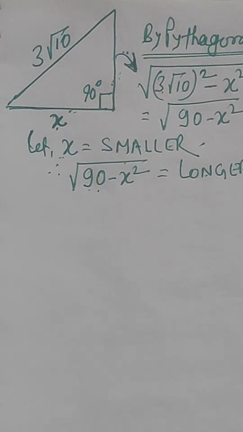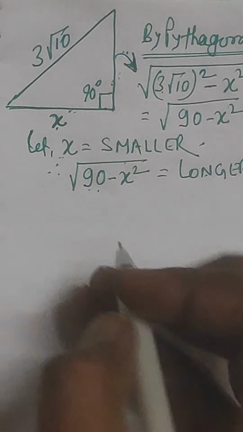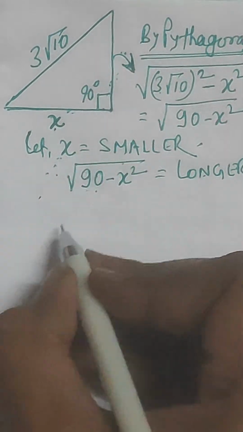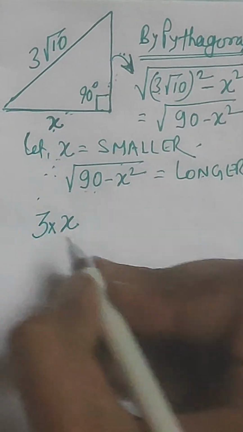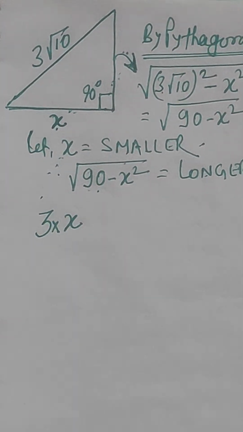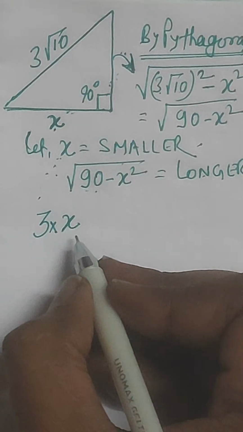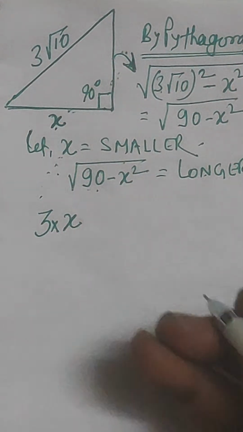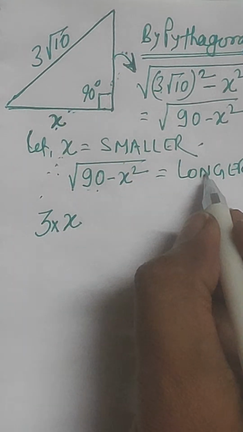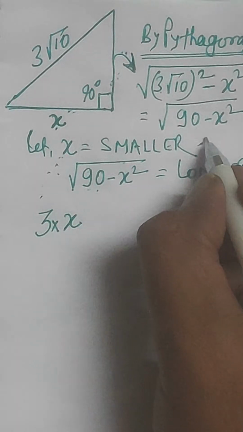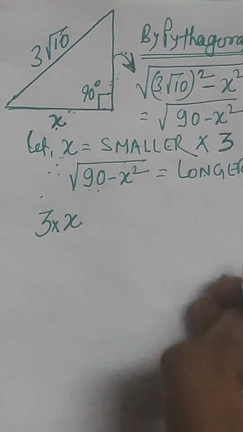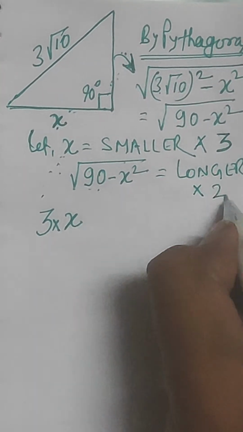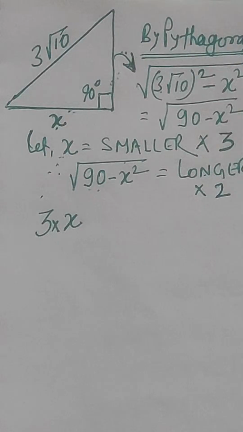Now it has been asked that if the smaller leg is tripled, that means 3 times, and the longer leg is doubled, that means this is multiplied by 3 and this longer leg is multiplied by 2, then what will be the hypotenuse?